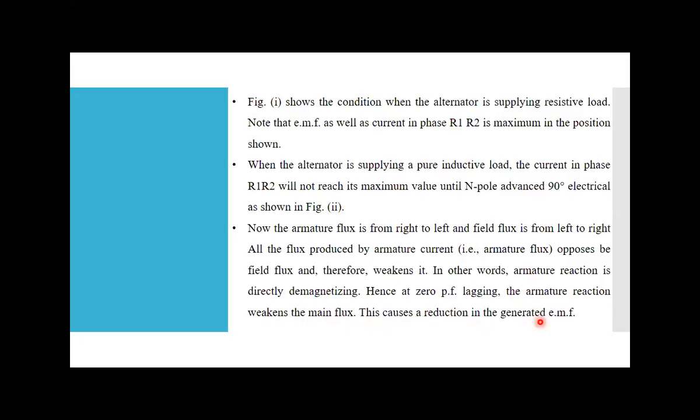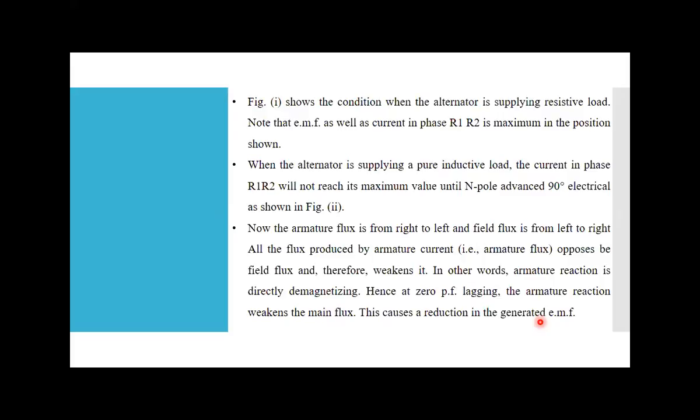So if your main flux is reduced, your voltage is also reduced. If your main flux is increased, your voltage is also increased. If your main flux remains constant, your voltage remains constant, because your generated EMF is directly proportional to flux.